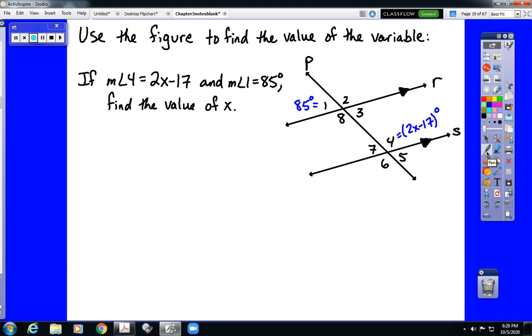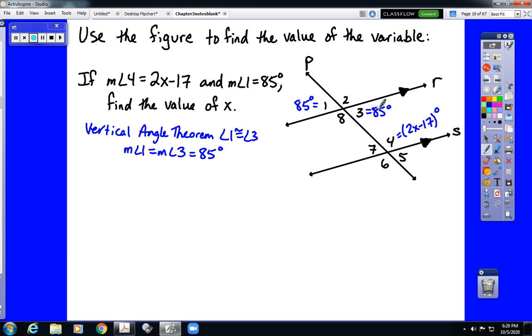However, we should be able to very quickly in our heads go, oh, well, the vertical angle theorem says that angle 1 is congruent to angle 3, which means that the measure of angle 1 is equal to the measure of angle 3. So the measure of angle 3 is also 85 degrees.